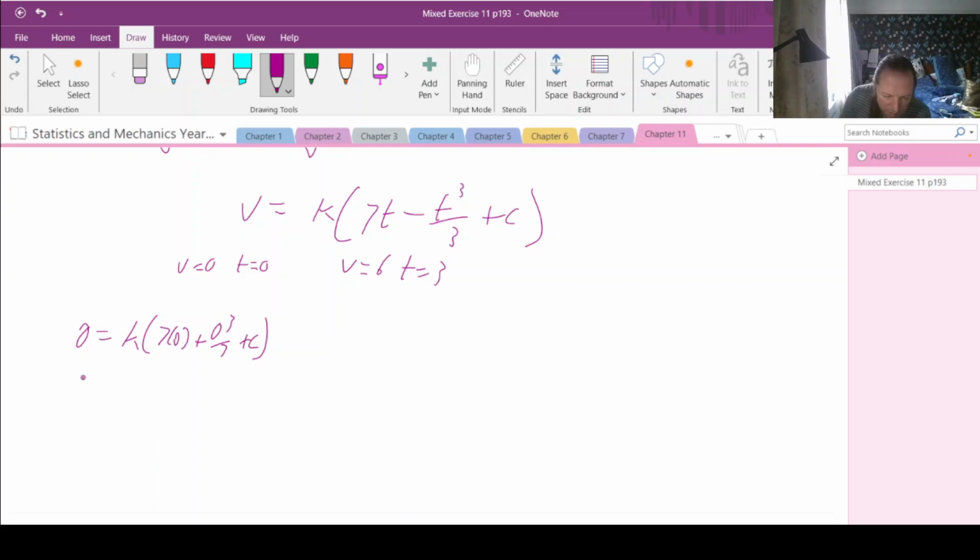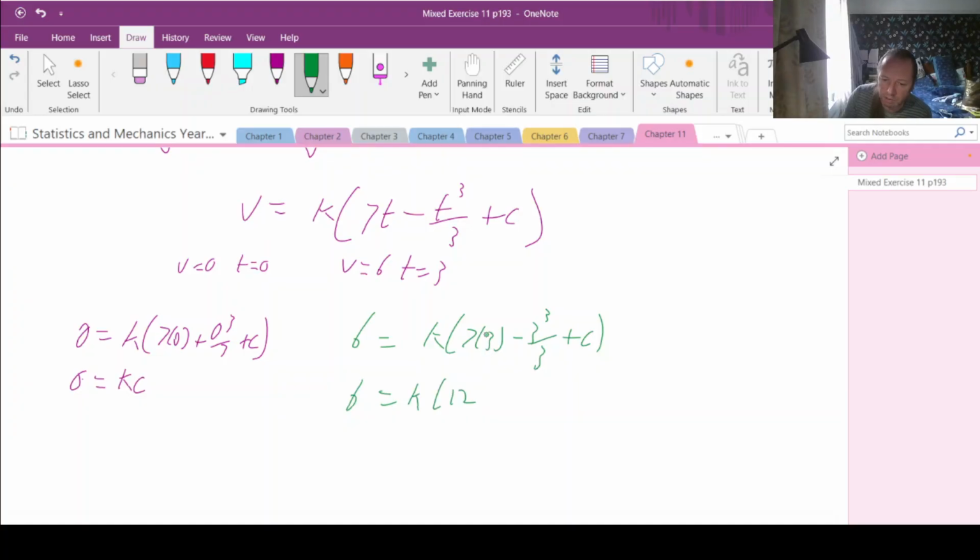So I've got 0 equals kc. And over here, doing the 6 and the t, I can say 6 equals k times 7 times 3 minus 3 cubed over 3 plus c. 6 equals k times 12, because that's 21, take away 9, plus c.